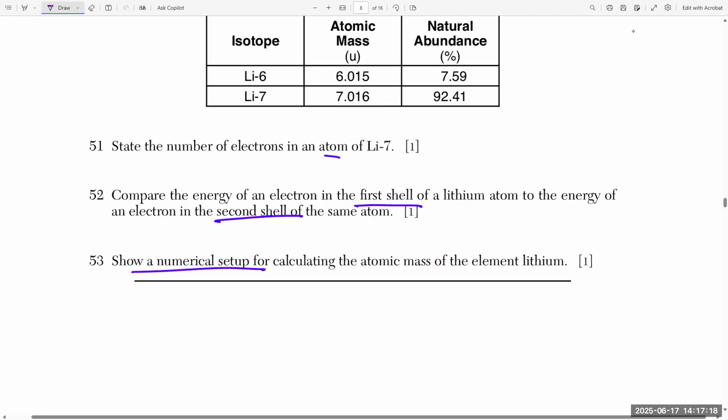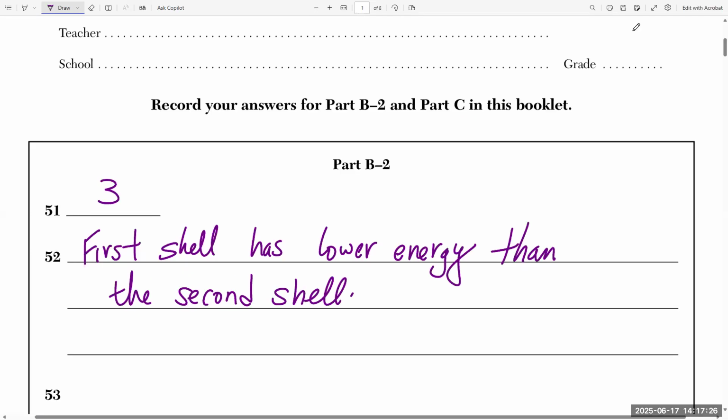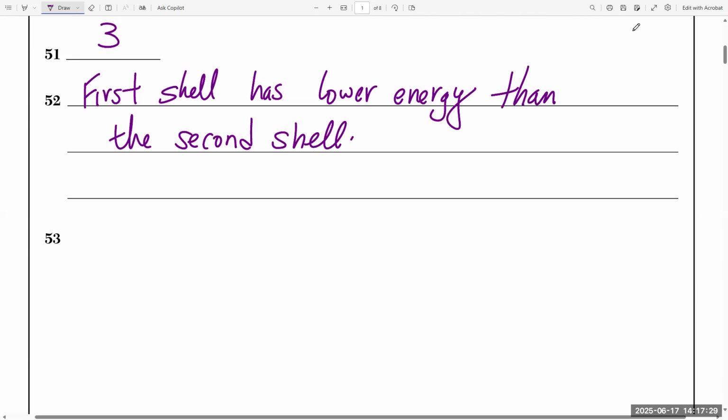Okay, 53. Show a numerical setup for calculating the atomic mass of the element lithium. So what do we got? We got this one and this one, right? We've done this so many times that this should be very easy at this point.